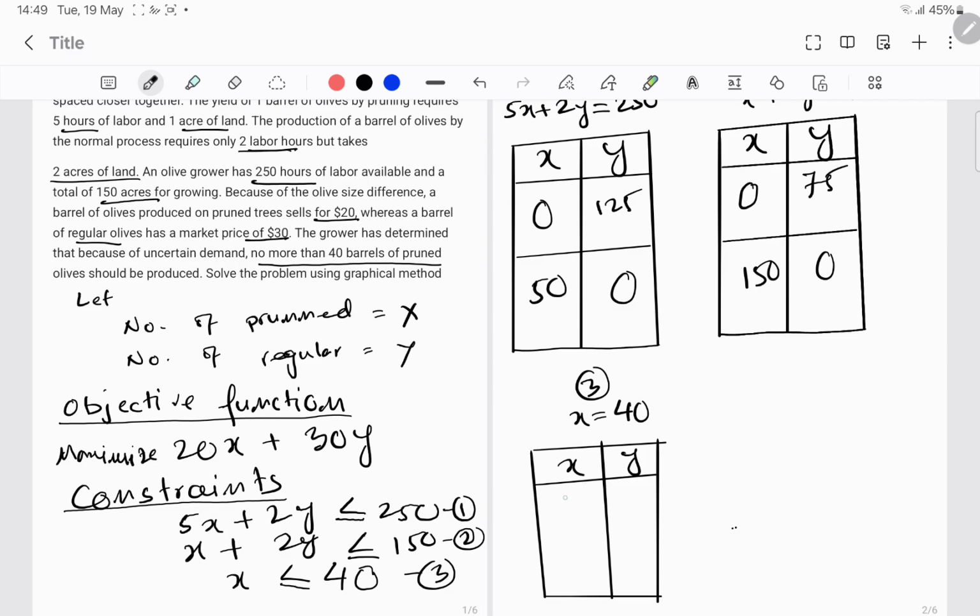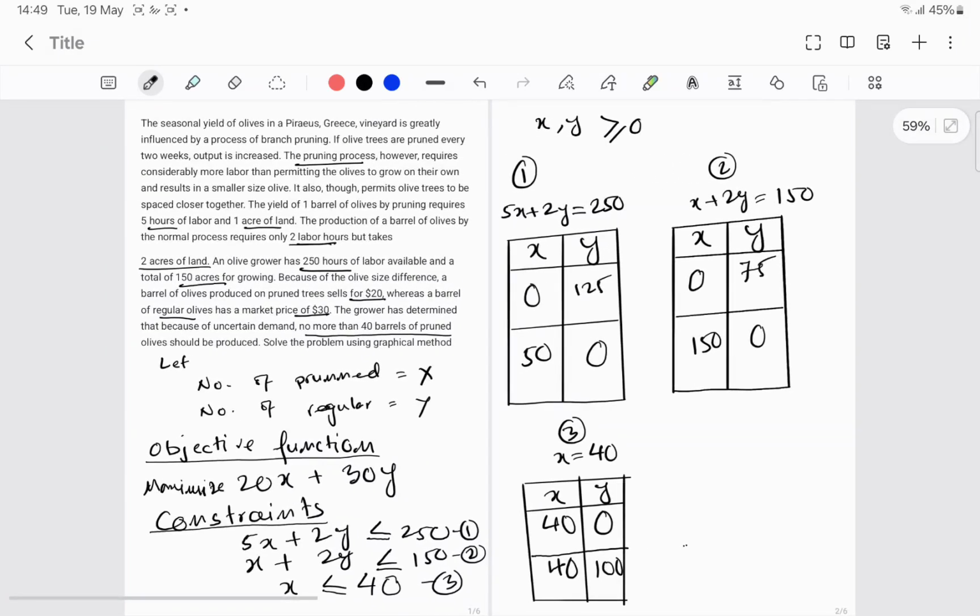So if y is 0, x is 40. If y is 100, still x is 40. So whatever the value of y is, x is always 40.